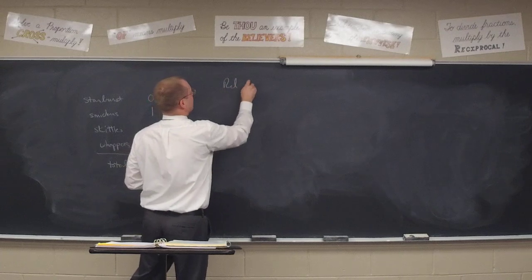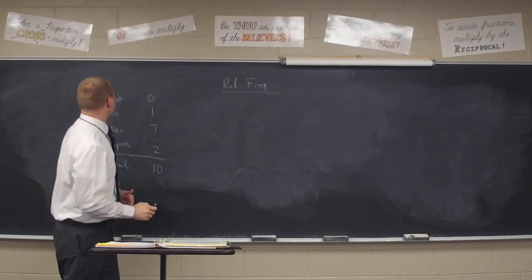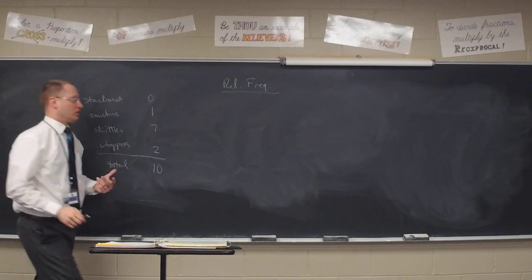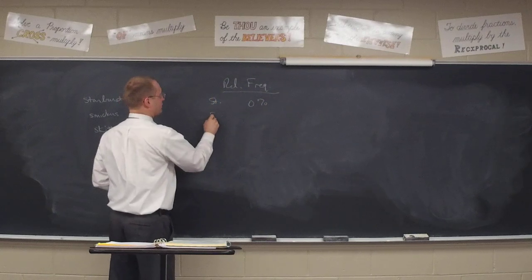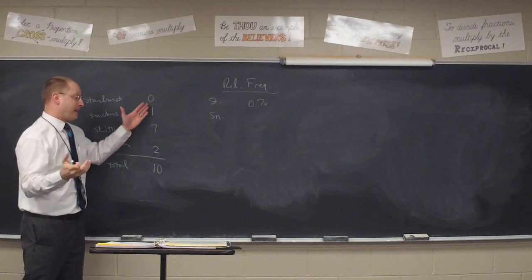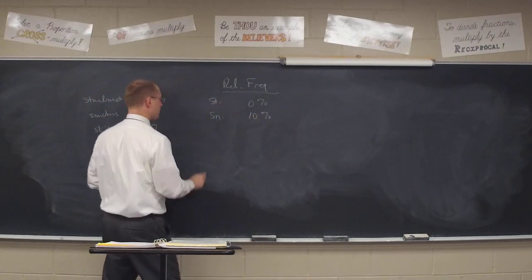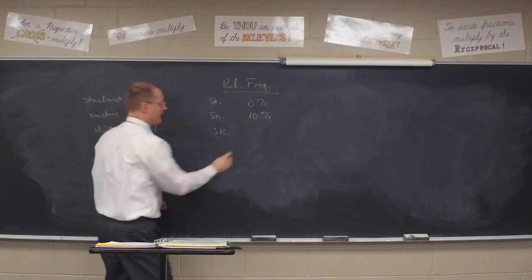Well, a relative frequency table would show the probabilities. So what's the probability of a person picking Starburst, class? 0%. Nobody wants the Starburst. What's the probability of Snickers, class? 1 out of 10 is what? 10%, or 0.1? What's the probability of Skittles? 70%. 7 out of 10 people.